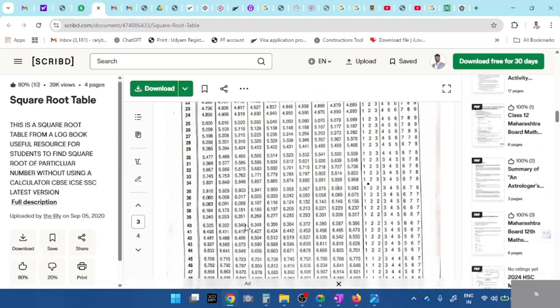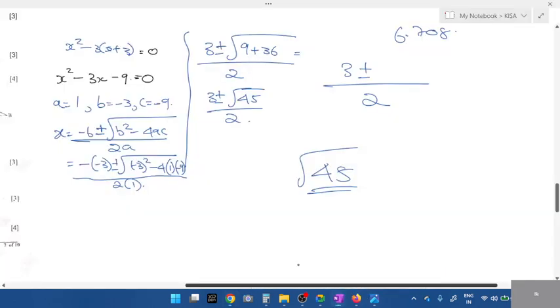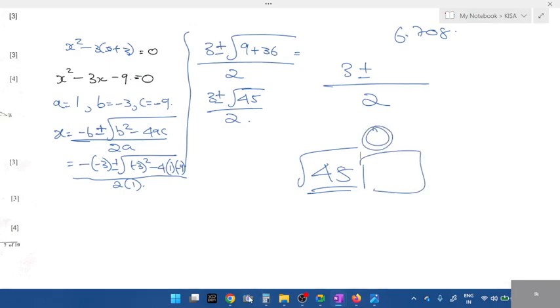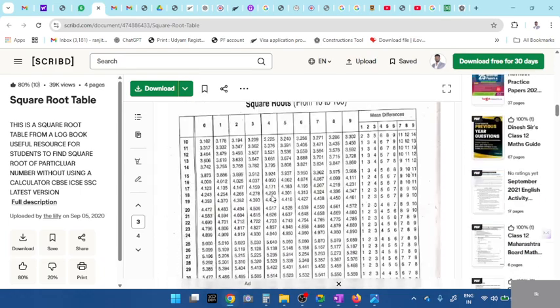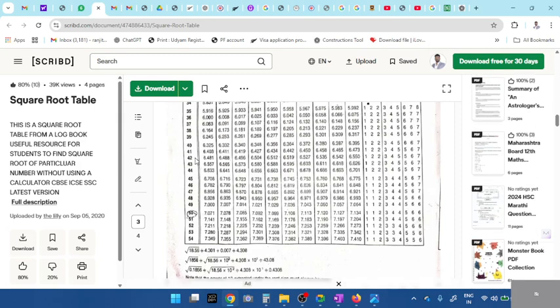You can directly check 45 in the first column. After 45, do you have any number here, students? Do you have any number after 45? Then which column do you have to check? The zero column. In 45, zero. Look here, zero in the first column. Can you see zero written? Yes, 45, zero. Where is 45?